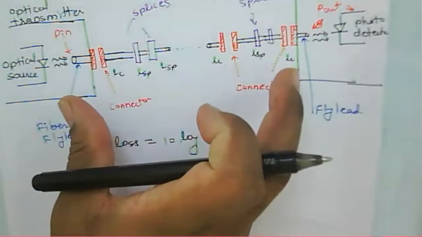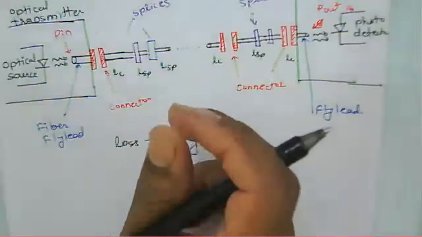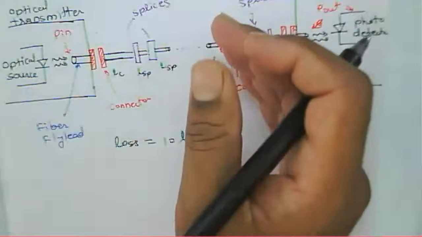And then for the given loss because of the contribution of all these elements, along with that we need to consider some link power margin.